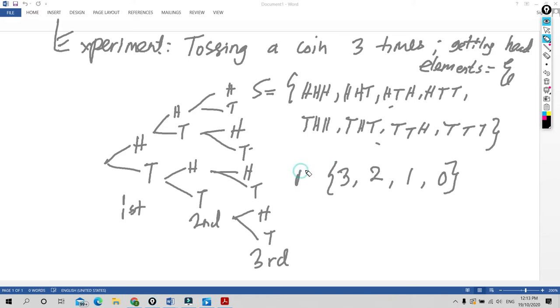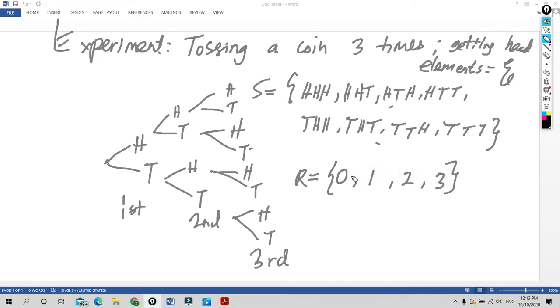This is your range. Normally we put it in ascending order, so I write here 0, 1, 2, and 3.